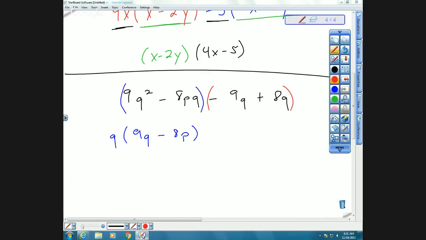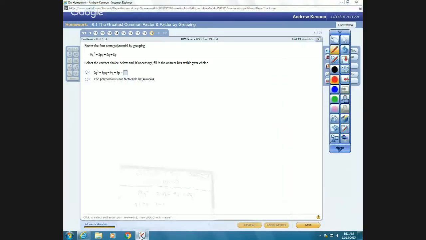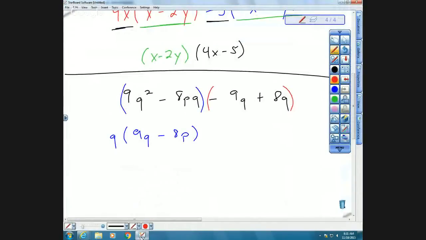Something I didn't write right, did I? I wrote that all right. 9q squared minus 8pq minus 9q plus 8q. If I take out a q, I get negative 9 plus 8.